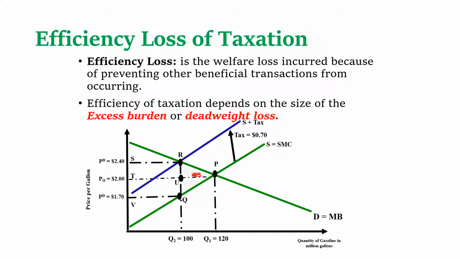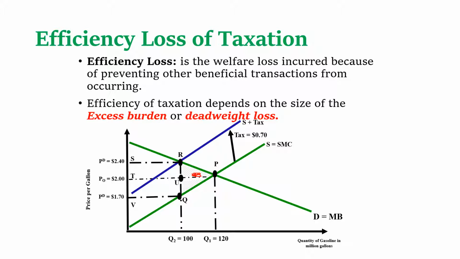Now, the efficiency of taxation depends on the size of the excess burden or the deadweight loss. The higher the excess burden, the greater the efficiency loss. The lower the excess burden, the lower the efficiency loss due to taxation.